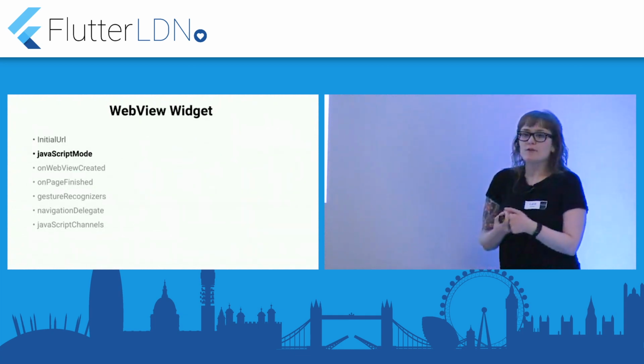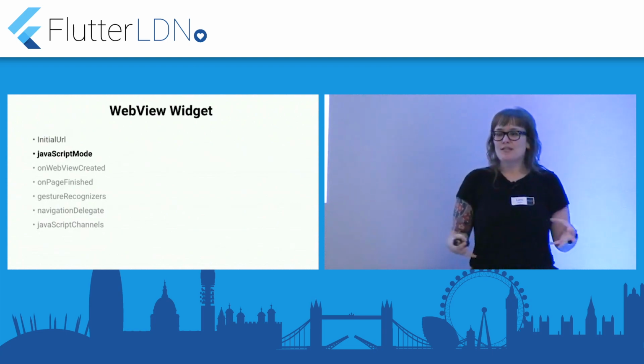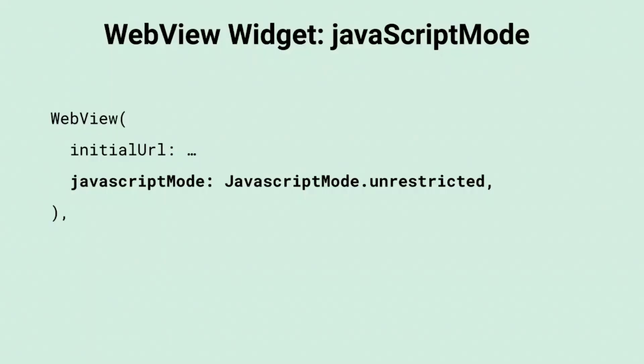So if you set up an initial URL and it doesn't work, it can be the JavaScript. For this, you basically have to say, hey, I want the JavaScript to run unrestricted. That's it. And there are two modes, basically: disabled or unrestricted.